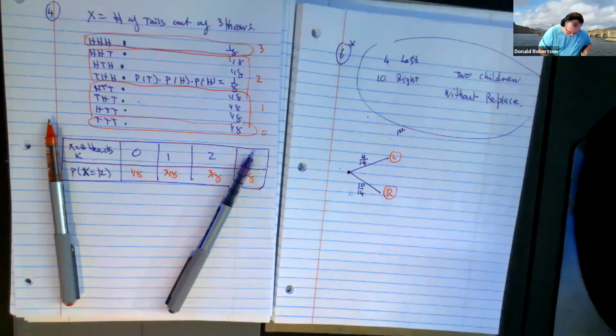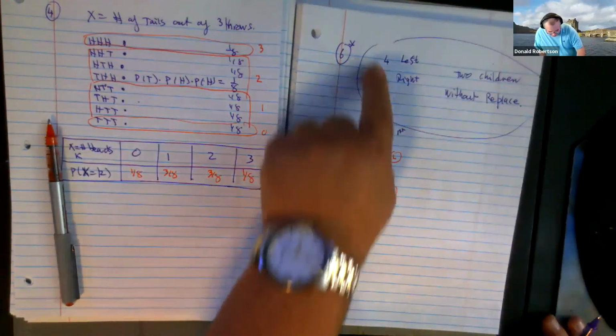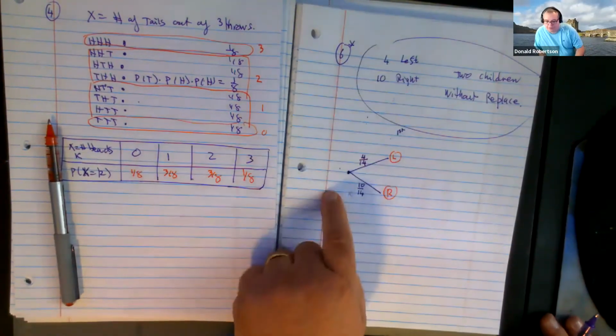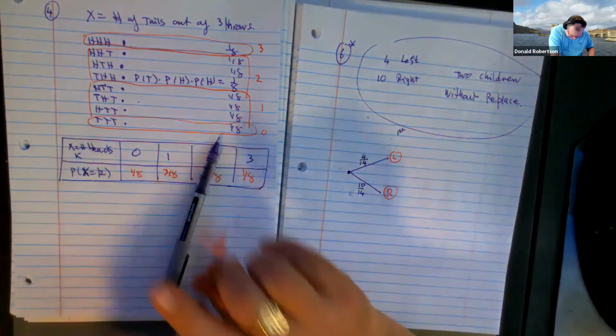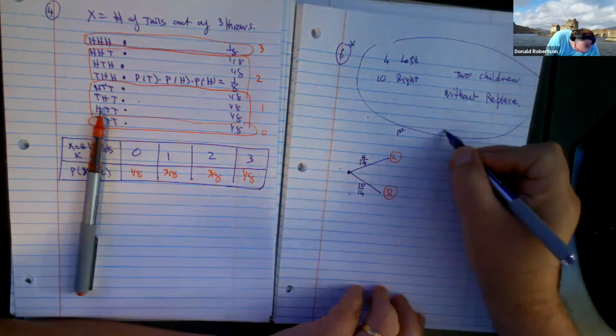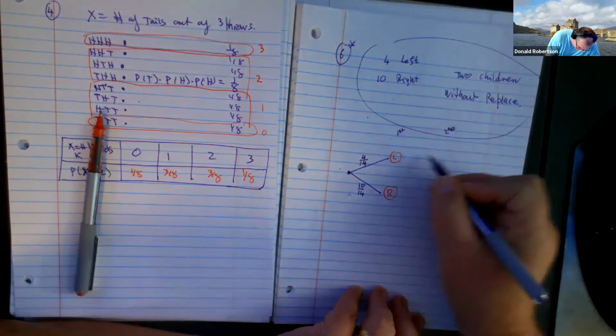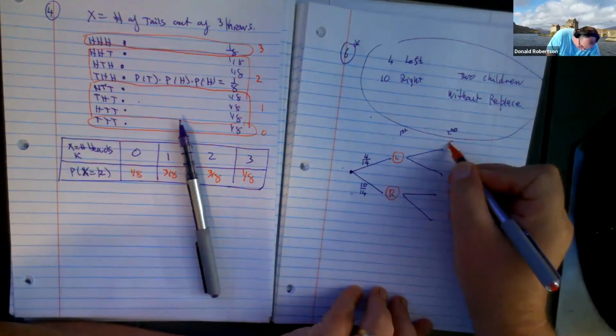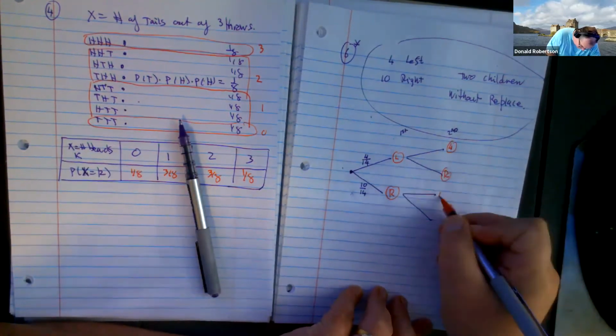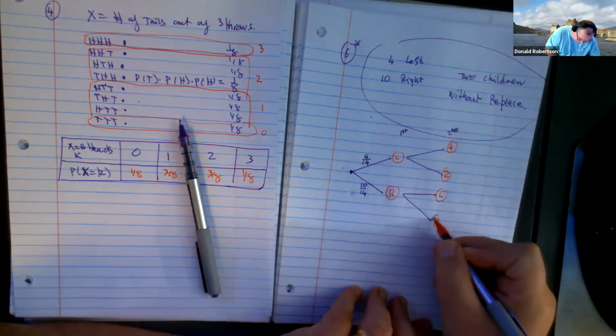Right, back to this. So 4 left-handed, 10 right-handed. We're good with that? Now the without replacement is going to kick in. This is for the second child. They could be left-handed, they could be right-handed.